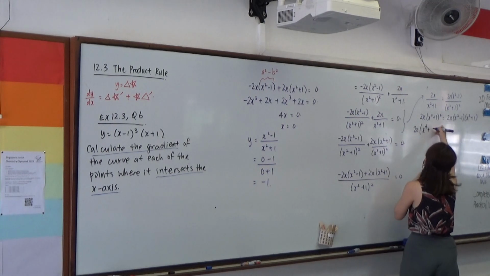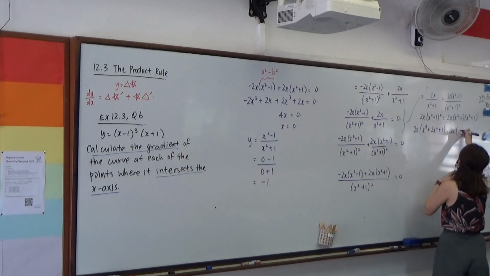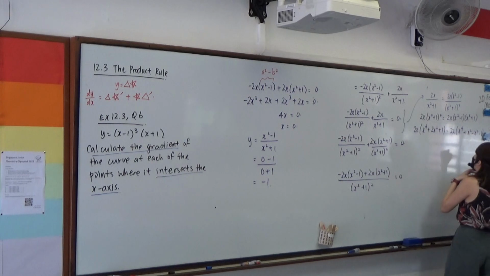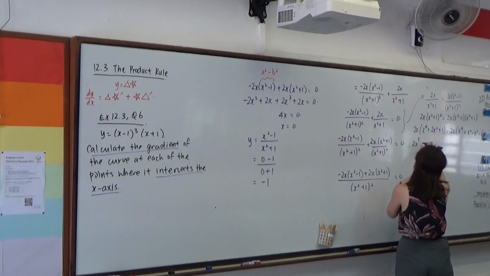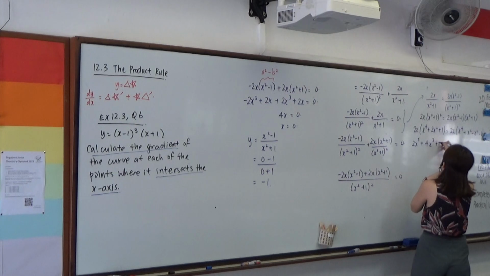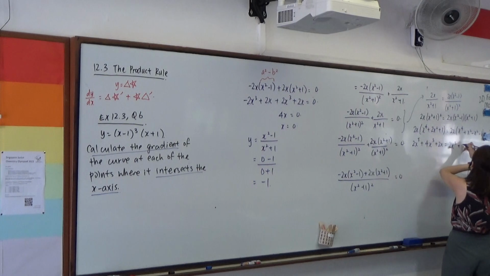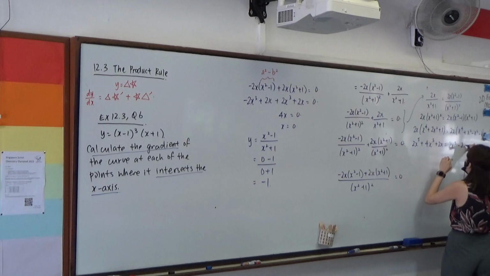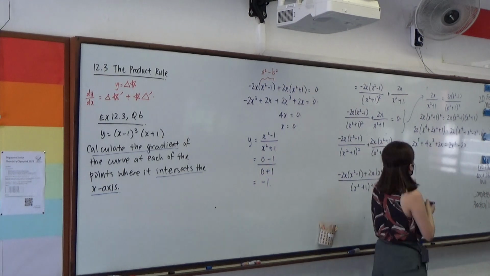So x power 4 plus 2x squared plus 1 equals 2x, x power 4 plus x squared minus x squared minus 1. And then this will give us the power of 5, which is impossible for us to deal with at this level. This one cancels out. Minus 2x. So if we expand and simplify, we get this one.